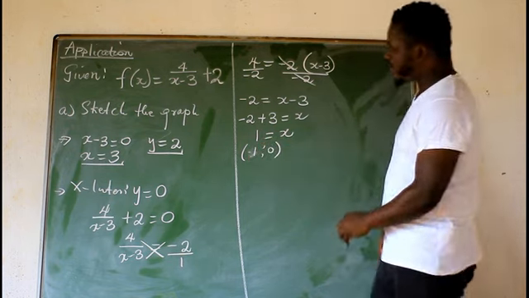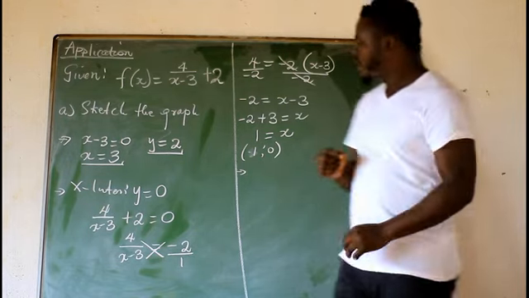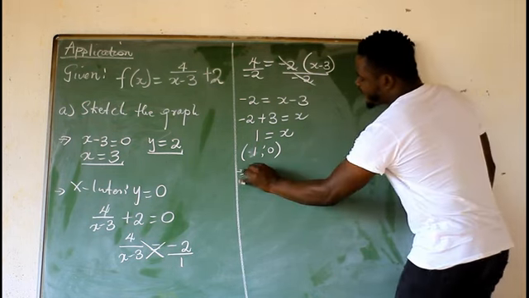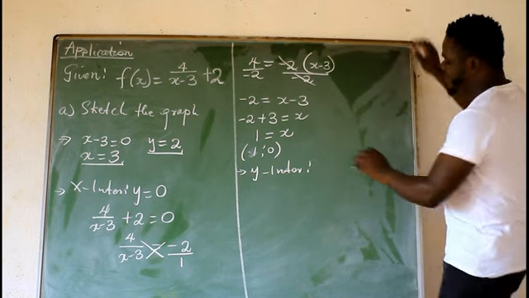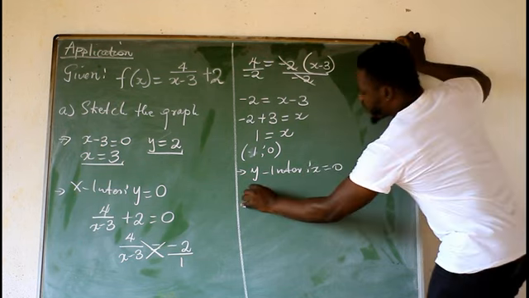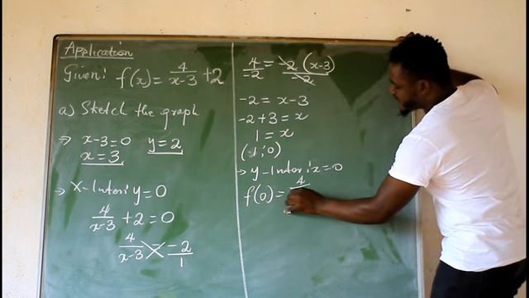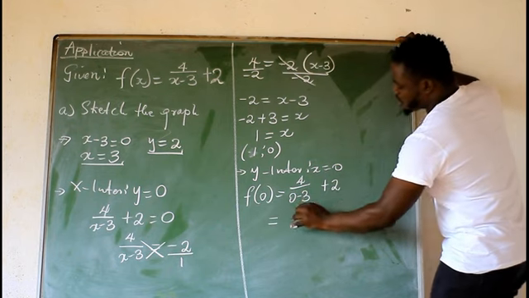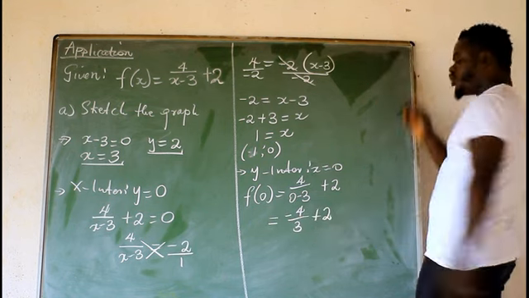Guys, then you need to find also the y-intercept of this function, provided that x equal to 0. When x equal to 0, you have f of 0, which equals 4 over 0 minus 3 plus 2, which equals 4 divided by negative 3 plus 2.